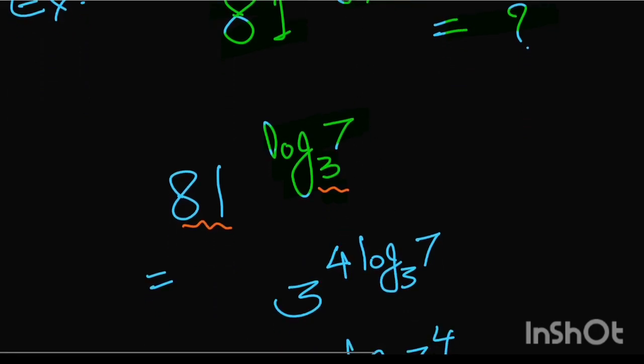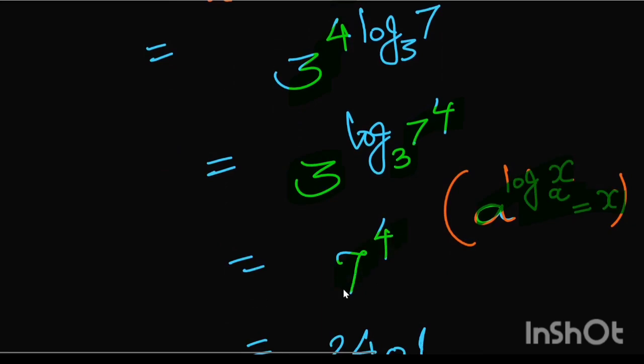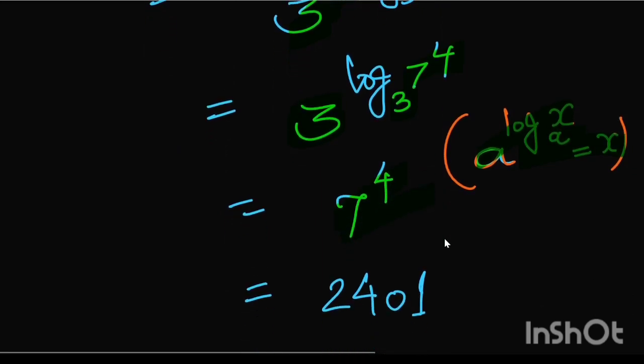We can write it like this, and then 4 will go in the power of 7. So now as you can see, this 3 and 3 are the same. So using a to the power log x base a is equal to x, this becomes 7 to the power 4, which is 49 into 49, 2401 is the answer, guys.